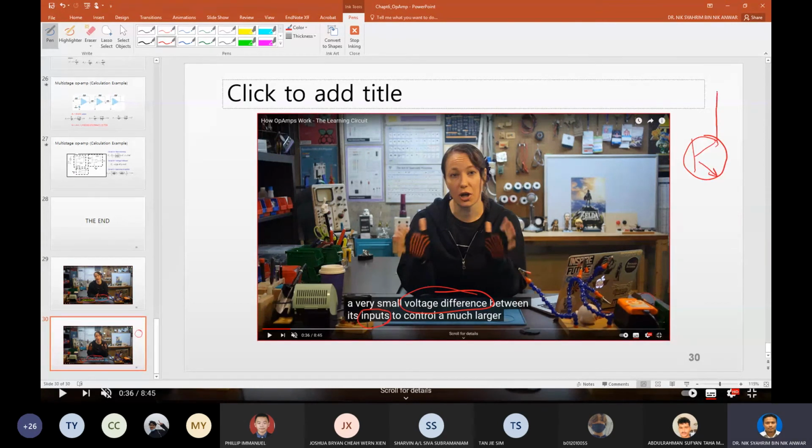If you can recall a BJT, the input is actually the base current. So you have only one input, and we can say that the input is IB and the output is IC, and IC is an amplified version of IB by an amount of beta.